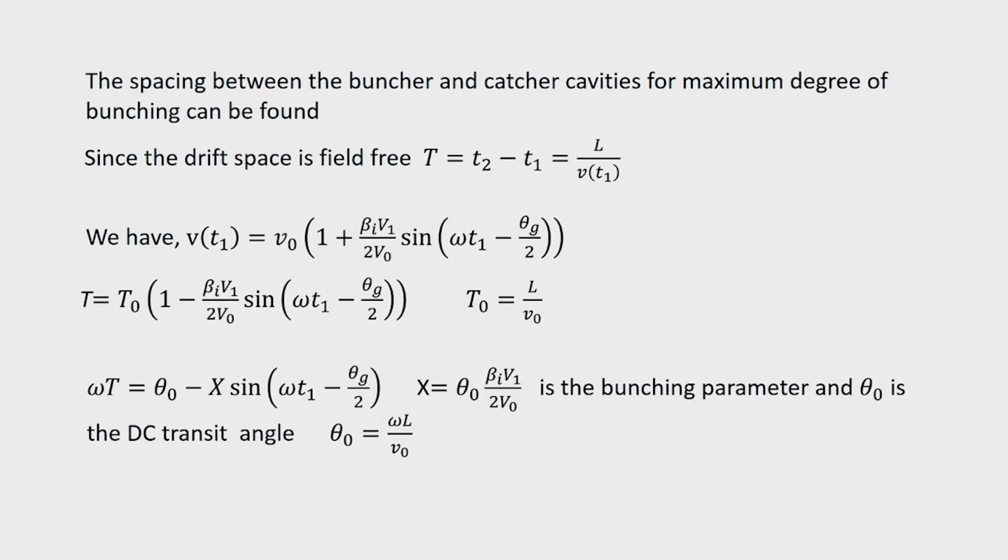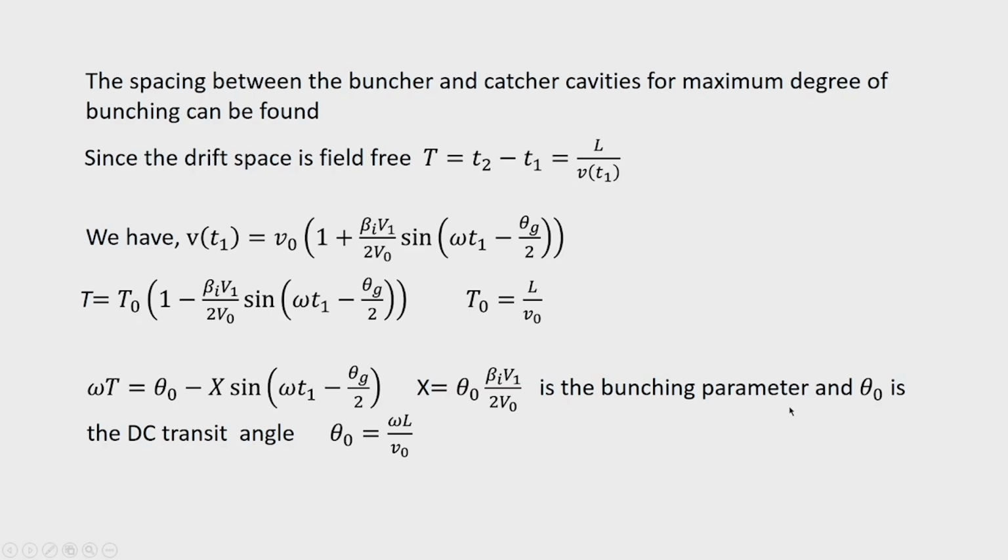And if you multiply both sides by omega, we get omega capital T is equal to theta naught. Theta naught is omega t naught.